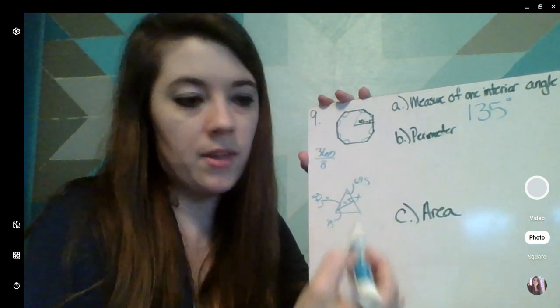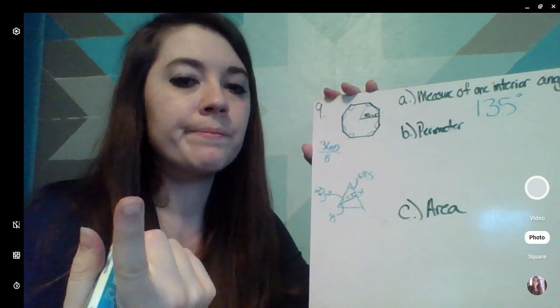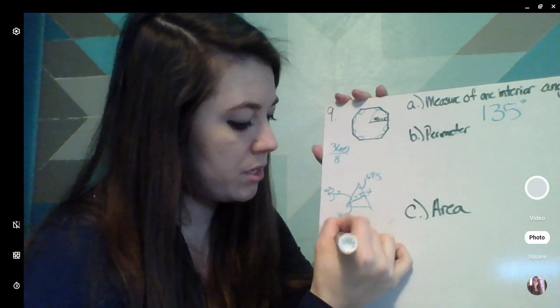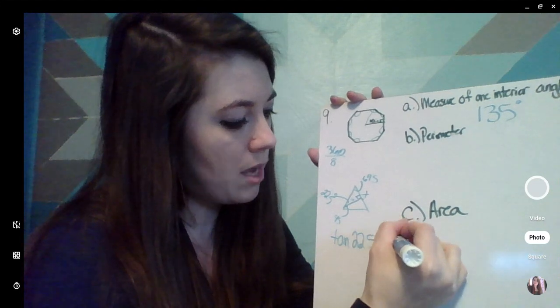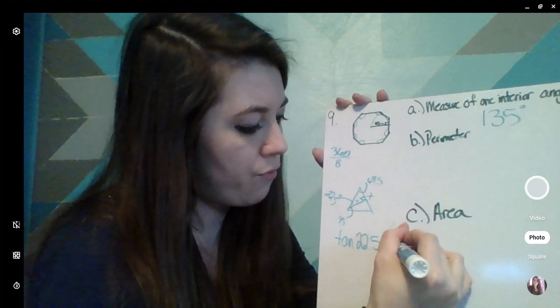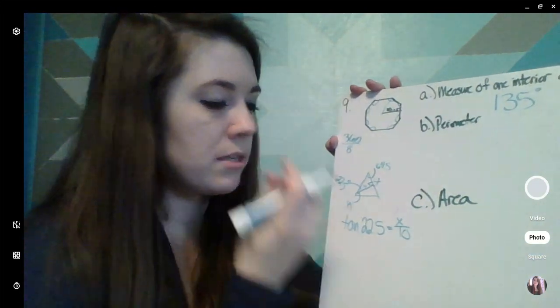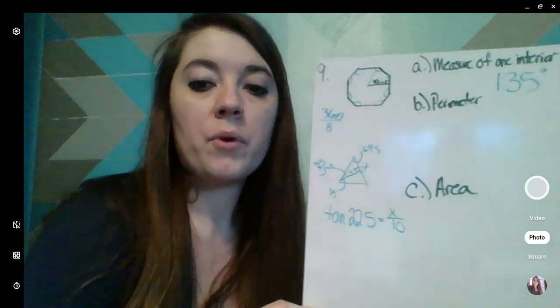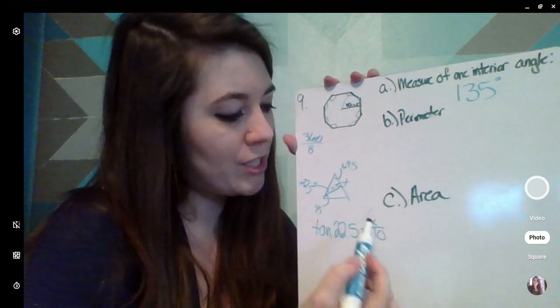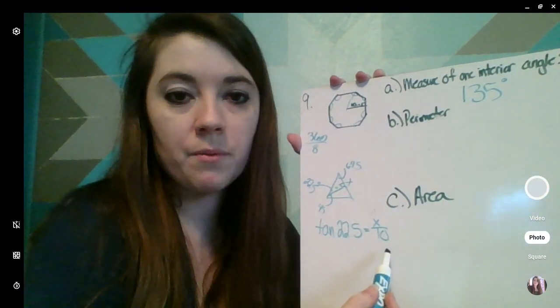we've got the adjacent side and the opposite side. So we're going to use tangent again. Tangent of 22.5 equals opposite over adjacent. Our opposite was x over our adjacent, which was 10.